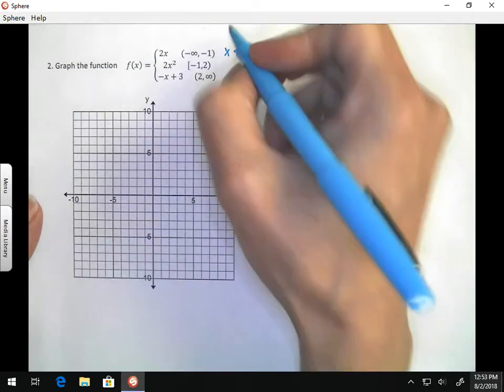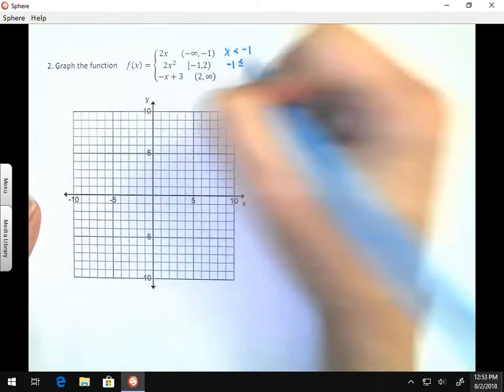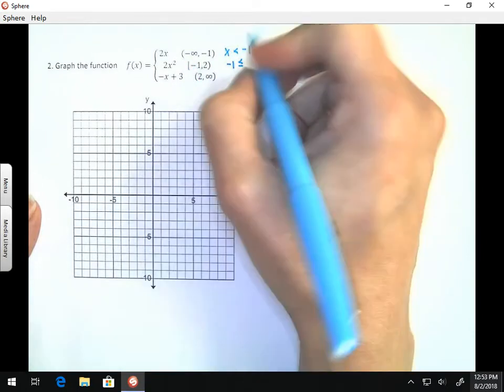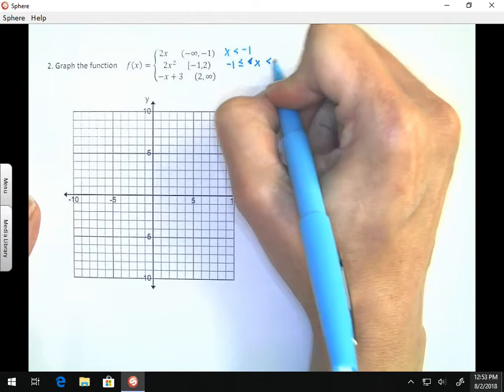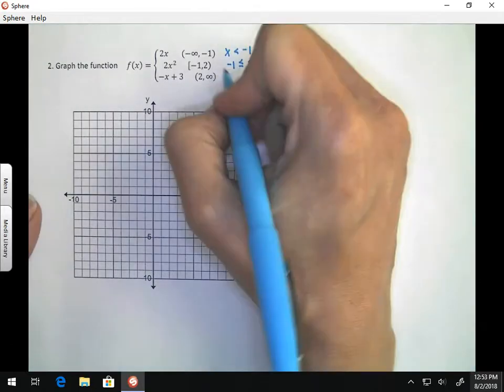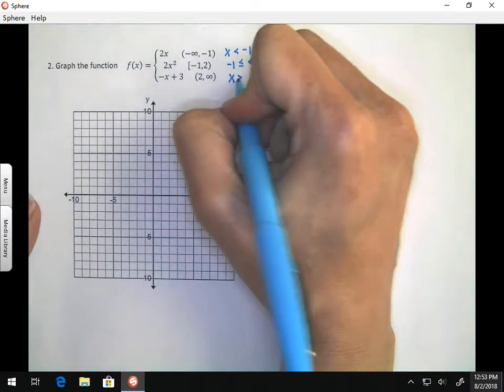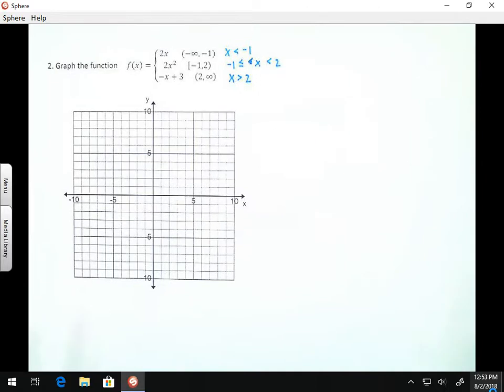Now, for this one, my boundaries are -1. Now, this is less than or equal to because I have a closed bracket. And then I need my x, and then less than 2. And then for my last one, 2 to infinity is the same as x greater than 2. And again, because those are open, I'm going to have strictly greater than.